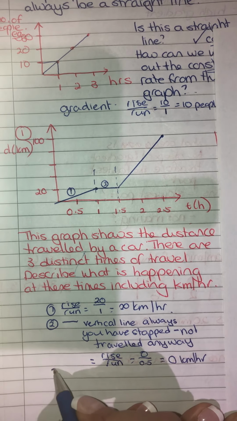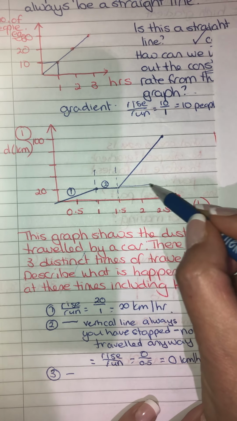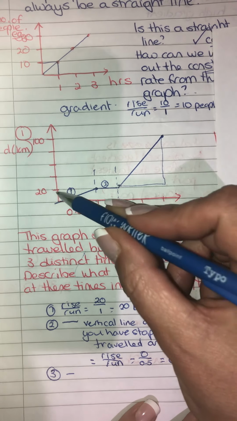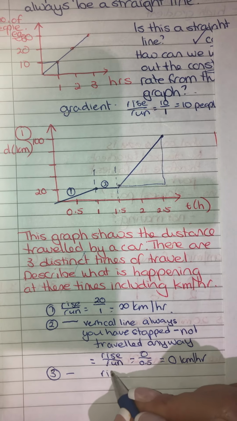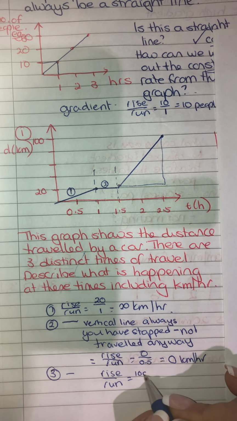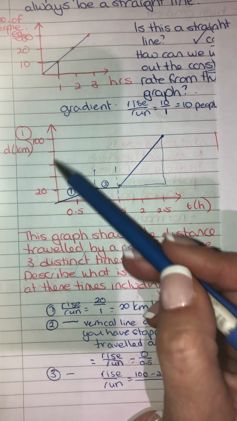Now, what happens in the third part of the diagram? Let's have a look. So if we're going to do rise over run, we've gone from 20 here to 100. So rise over run, how far have you risen? You've gone 100 minus 20, because you've gone from 20 to 100.